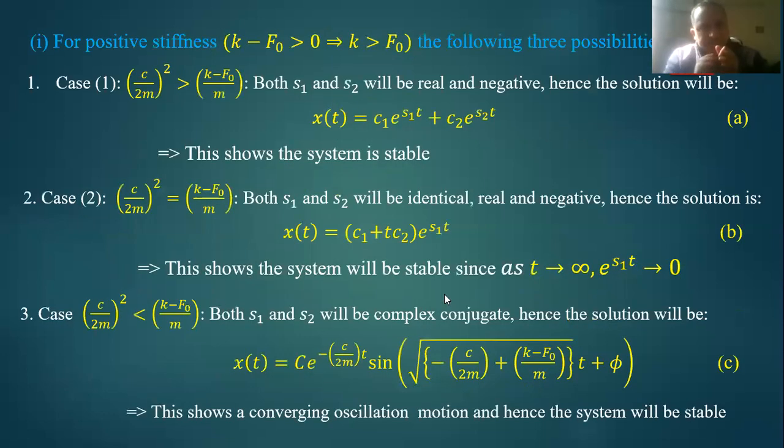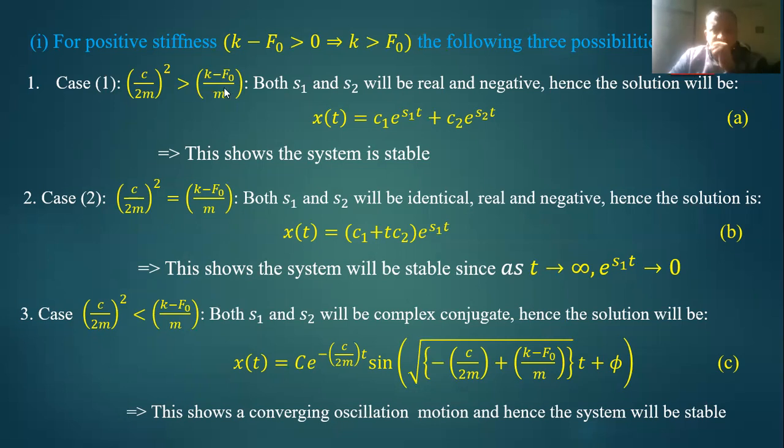So for the positive stiffness case, we again have three cases. That means (c over 2m) squared, the term inside the radical, minus (k minus f naught) over m is greater than 0.